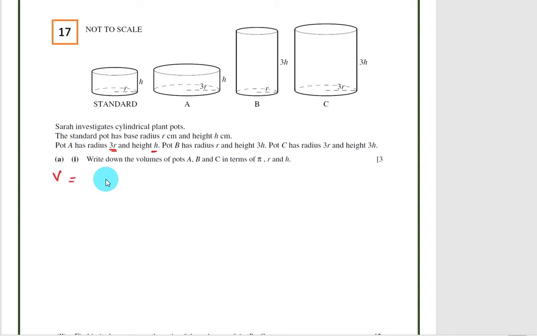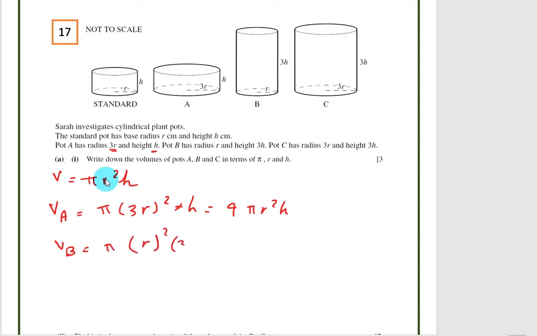Volume is equal to pi r squared h. So VA is equal to pi (3r) squared h. So it will be 9 pi r squared h. VB is equal to pi r squared 3h, so 3 pi r squared h.